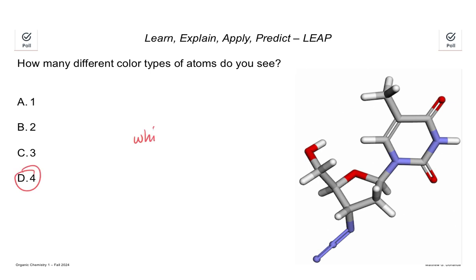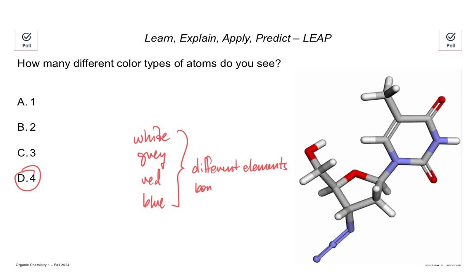So white, gray, red, blue, and what those are depicting are different elements. And we know they're different because the bonding patterns are different.